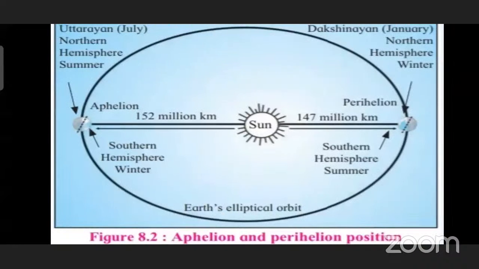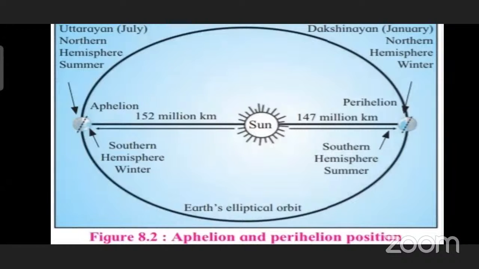See here, you can see students. Here on the right hand side, you can see the Earth is near to the sun and the southern end of the Earth is facing towards the sun. This position is called perihelion, and on the left hand side you can see the Earth is far away from the sun.